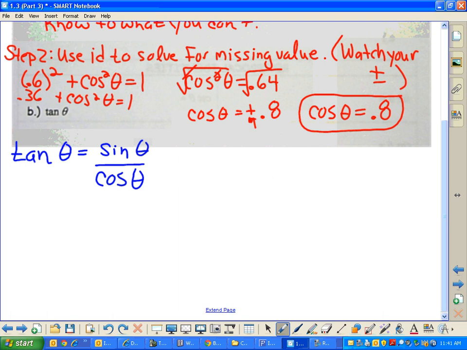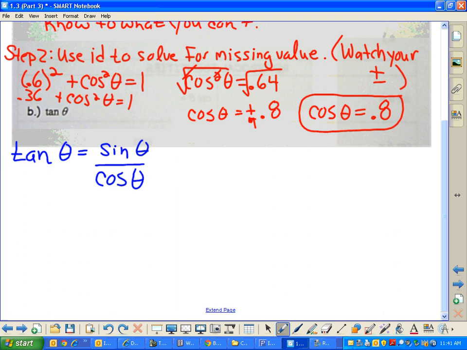There's no way you could do these problems if you didn't know the identities. Same thing with the unit circle. If I ask you to find the tangent of 135 degrees, you're not allowed to use a calculator. You've got to know those coordinates so that you can divide out your y over your x. So please make sure you know your unit circle before next week, and make sure you know your identities. You're toast if you don't even know the identities.